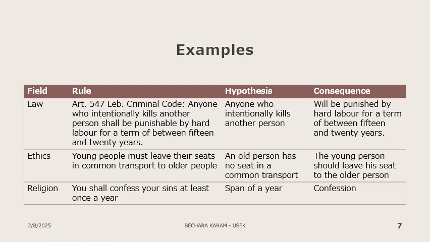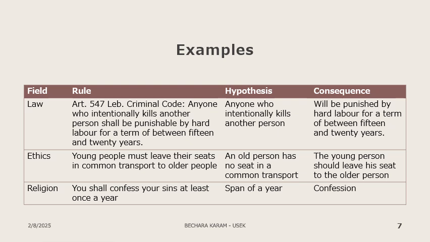Here I will give you a few examples on the structure of rules. We said that every rule contains a hypothesis and a consequence. In the field of law, Article 400 or 547 of the Lebanese Criminal Code: anyone who intentionally kills another person shall be punishable by hard labor.